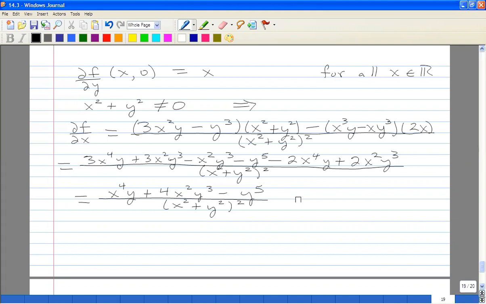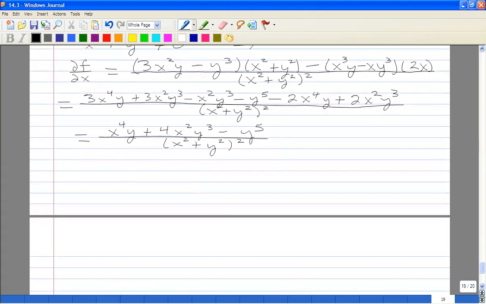Okay, let's look at, so I can show that this is continuous. So this is going to be a rational function. So it's continuous everywhere, except possibly at the origin.